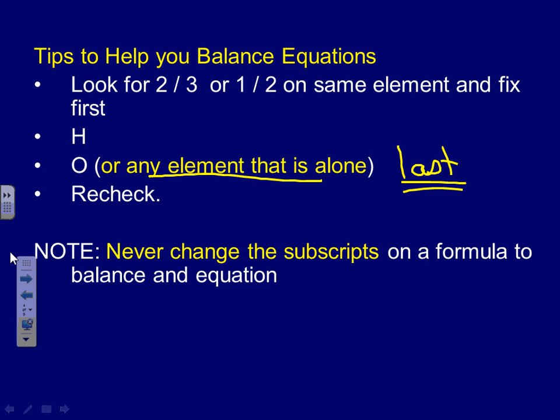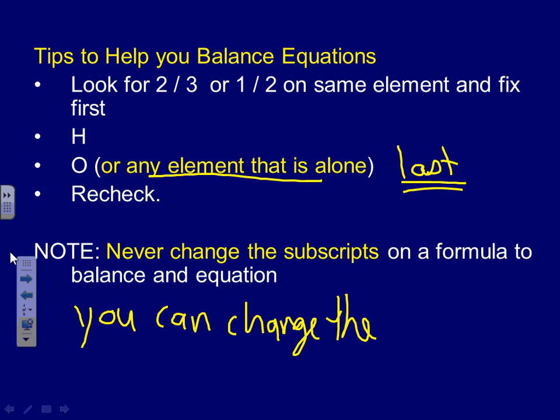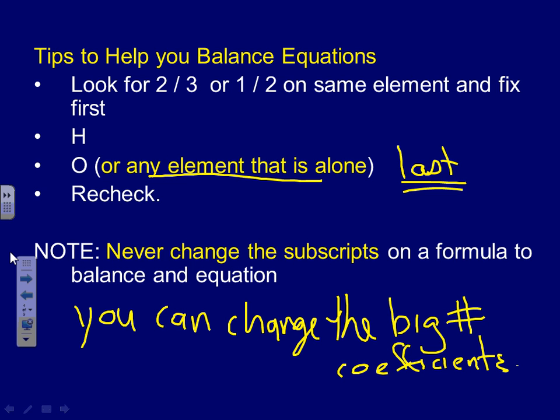So I want to write on here, you can change the big numbers. In other words, they're called the coefficients. So you can't change the little guys, but you can change the big ones. All right?